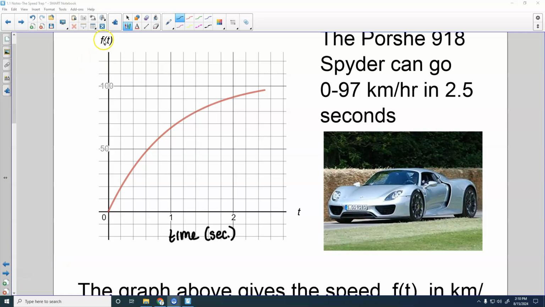Okay, what goes on our f of t, or our vertical axis here? That is speed in kilometers per hour.